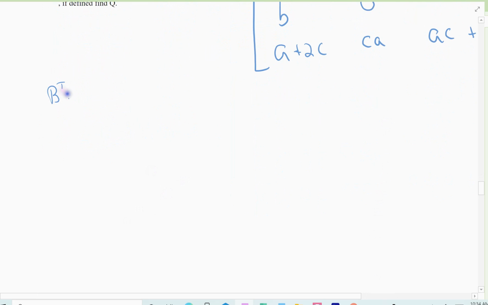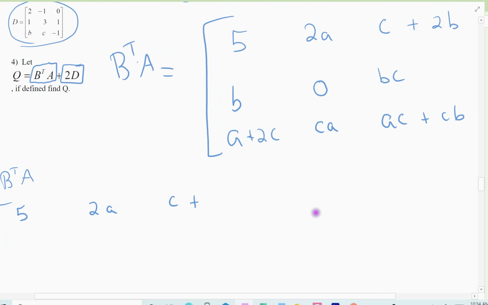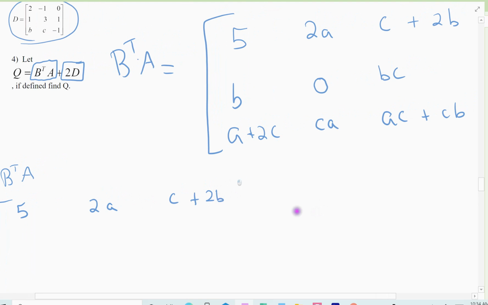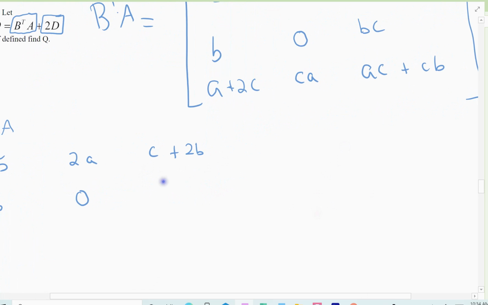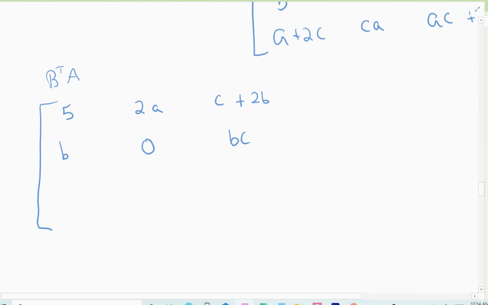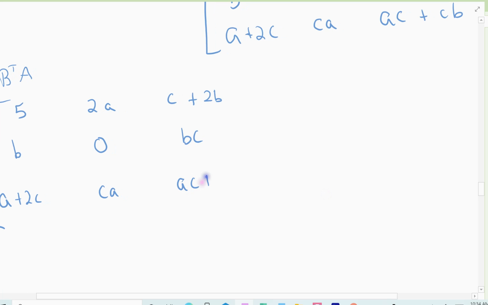So my B transposed A was 5, 2A, C plus 2B, B, 0, BC, A plus 2C, CA, AC plus CB. Alright.